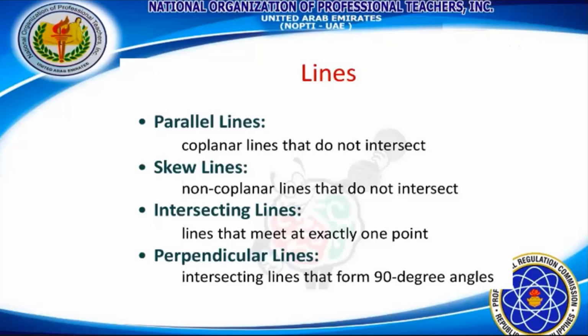Like, pinag-cross mo yung dalawang line, yung meeting point nila, these two lines are intersecting. And then, perpendicular lines, intersecting lines that form 90 degrees angle. Kaya ng, let's say, sa right triangle. Meron siyang 90 degrees. So, nagpo-form siya ng perpendicular lines. Or they are called perpendicular lines.